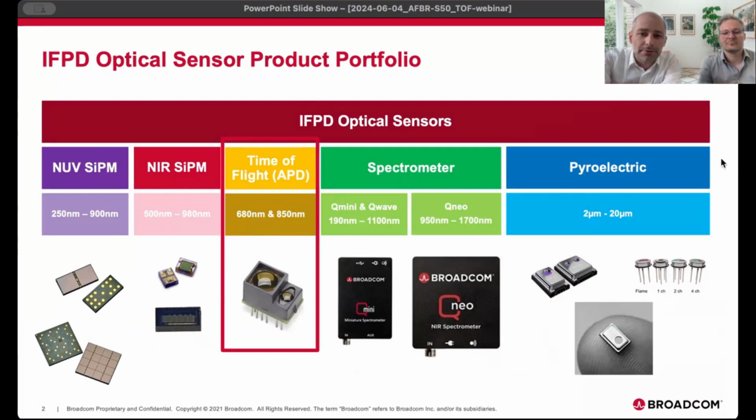We have optical spectrometers ranging from about 200 nanometers up to 1700 nanometers, and we have pyroelectric sensors, which are sensitive up to 20 micrometers. Today we are talking about our time-of-flight integrated sensor solution, which are based on APD. Here we're working with 680 nanometer and 850 nanometer lasers.